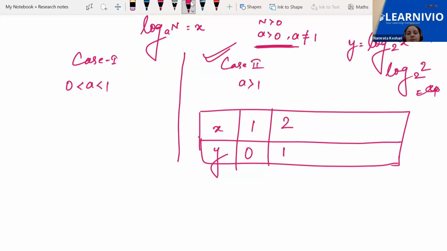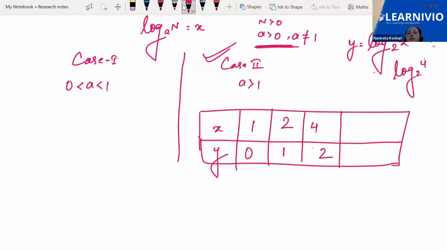Yes. Purposefully, I am going to take even numbers so that we can write them in powers. If we take 4, the base is 2, so 4 can be written as 2 squared and the power will come in front. So what will be the output? 2.